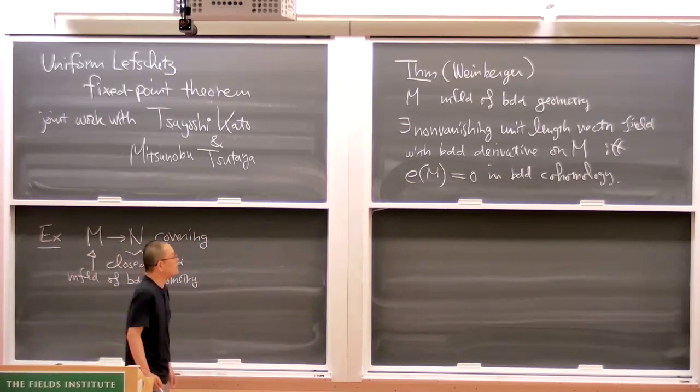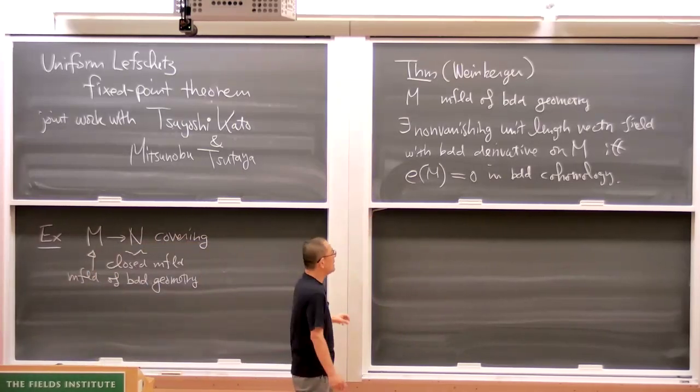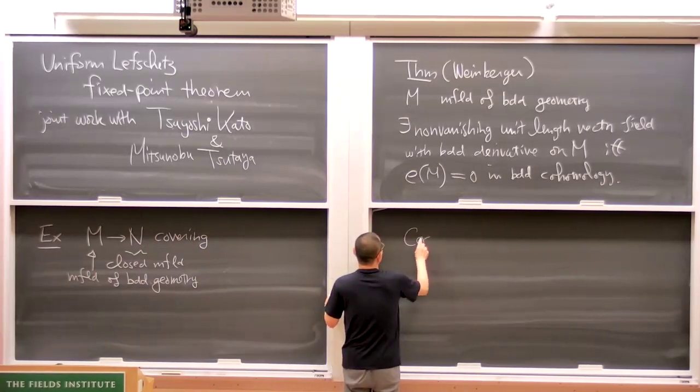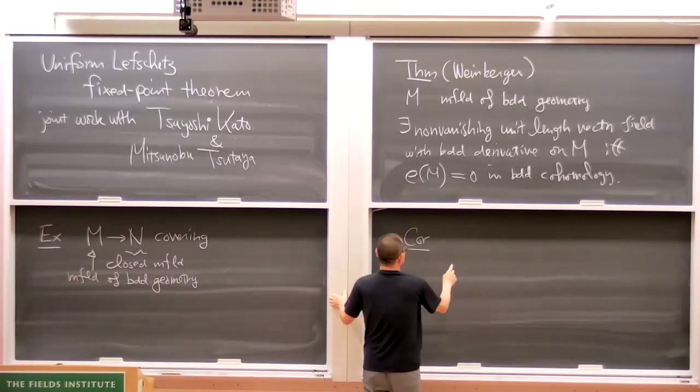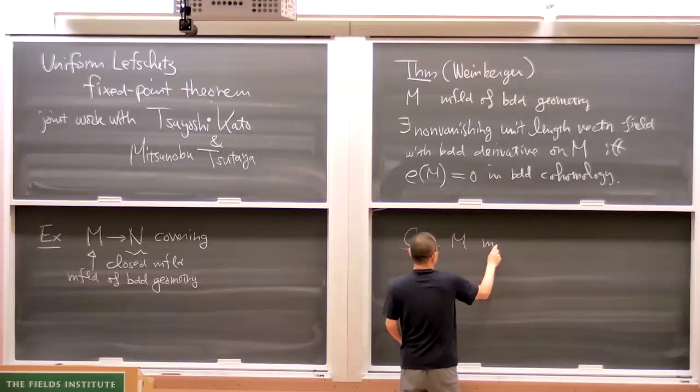From this theorem, we can easily see the following corollary. M is a manifold of bounded geometry.